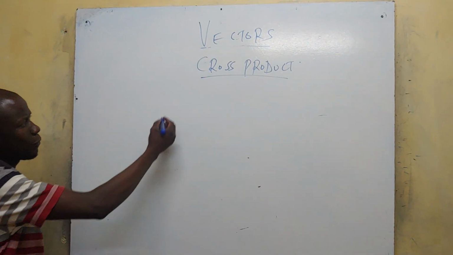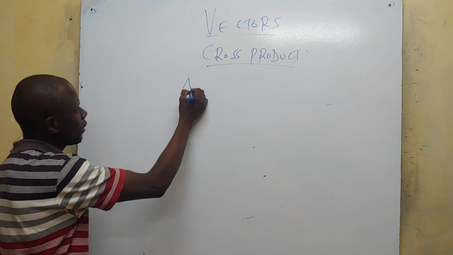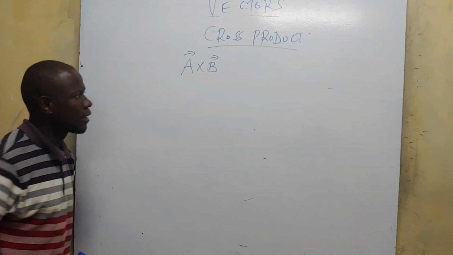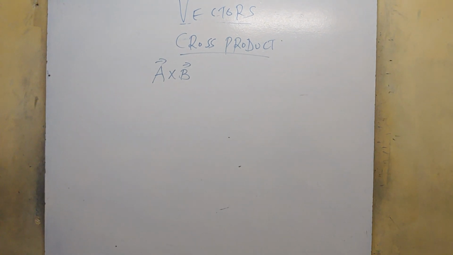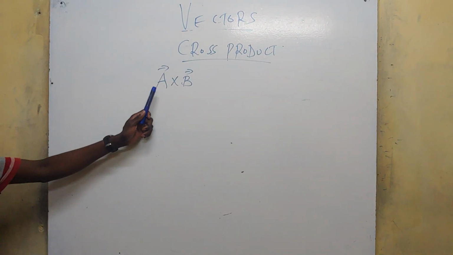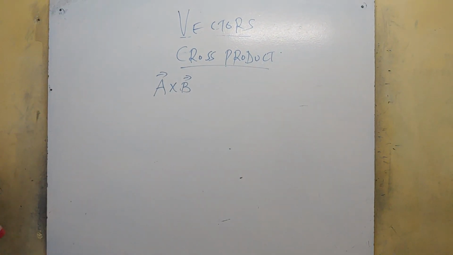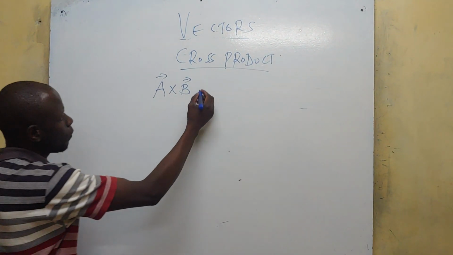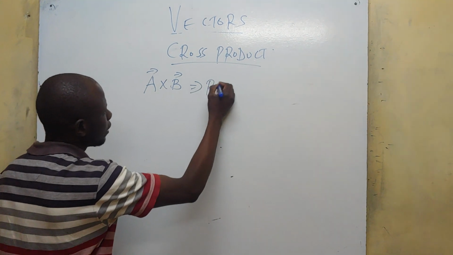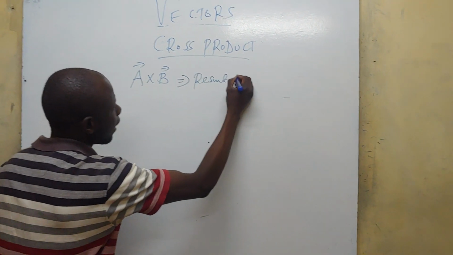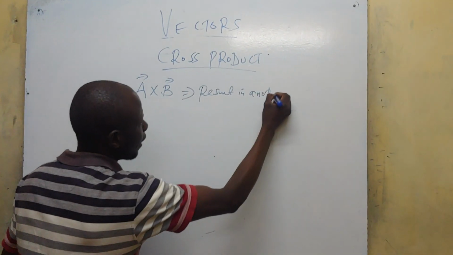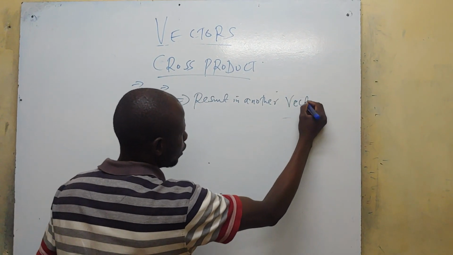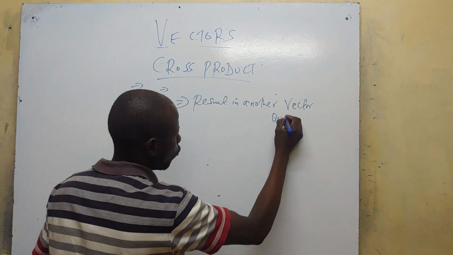A cross product between two vectors can be denoted by A cross B. If you are given two vectors A and B, and you want to represent a cross product, this is read as A cross B. A cross product between two vectors will result in another vector quantity.